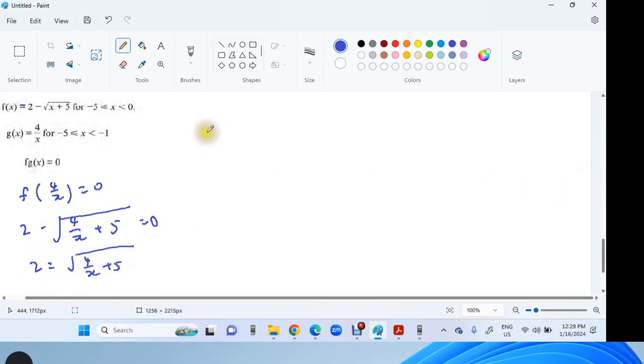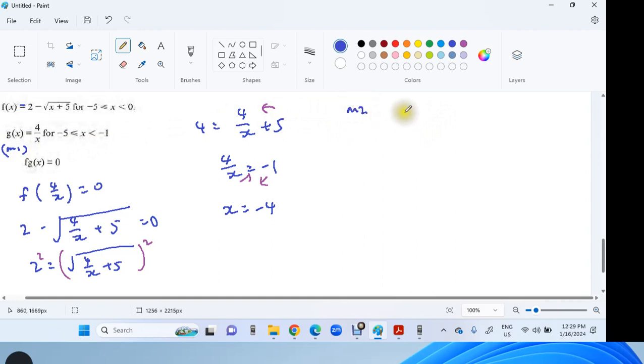And then we square both sides. We have 4 equal to 4 over x plus 5. Then we have 4 over x equal to negative 1. Okay, 4 minus 5, that is negative 1. So we have x equal to negative 4, multiplying here and then dividing here. So this is method number 1.